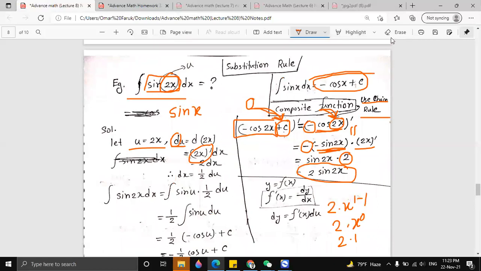So the derivative of 2x is 2, and then this is dx. Now if you take this 2 to the opposite side, it will be du by 2. So dx is du by 2. Okay, guys?